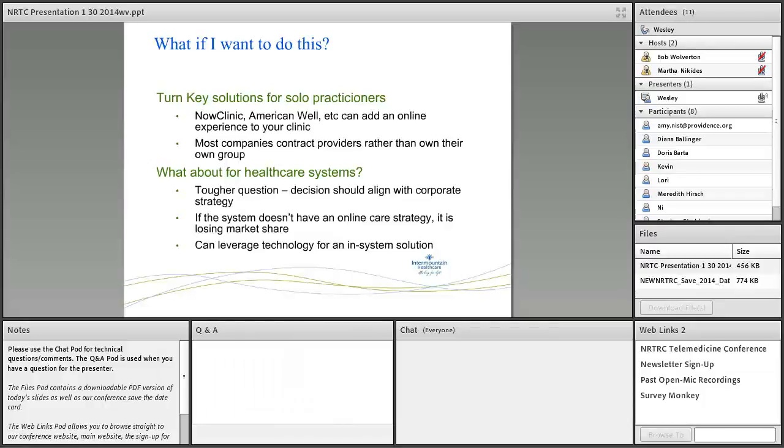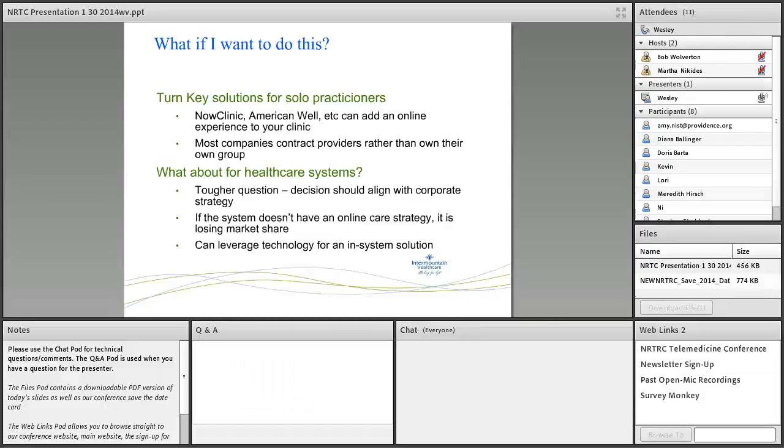For larger systems, it's a bit of a tougher question. You need to make sure that any alignments are in line with your corporate strategy. Some corporations like to outsource these and just want turnkey systems, and that's great. Some would rather build it themselves. The biggest difference with a turnkey solution is that your clinic or your practitioners are pretty much limited to the per-click reimbursement, which again works great for many people.